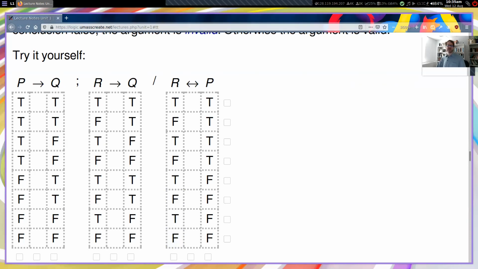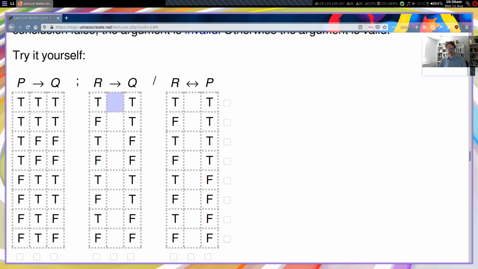Once we have those filled in, we can fill in the tables for the premises and the conclusion. So true arrow true is true, true arrow true is true, true arrow false is false, true arrow false is false, false arrow true is true, false arrow true is true, false arrow true is true, false arrow false is true.